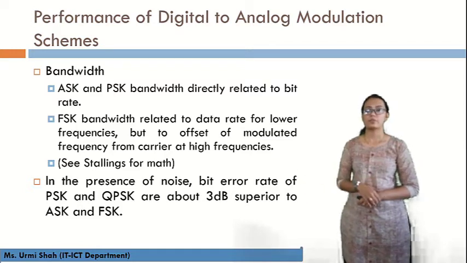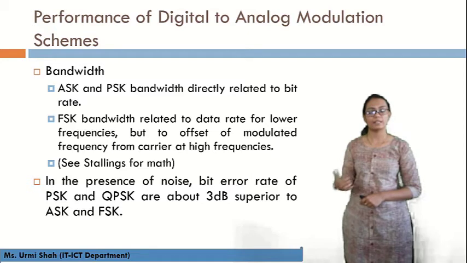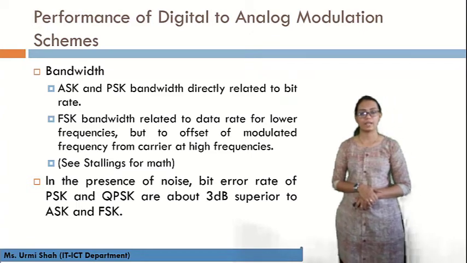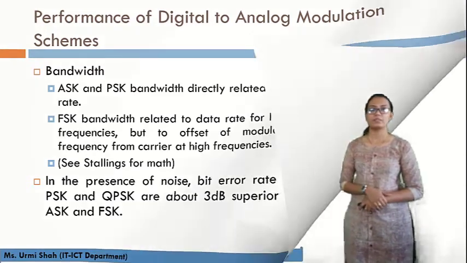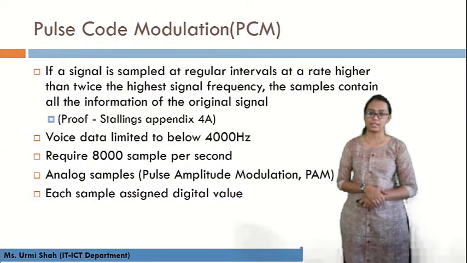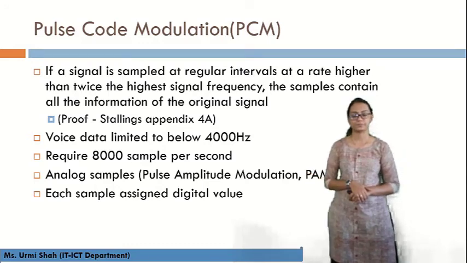In the presence of noise, the bit error rate of PSK and QPSK is about 3 decibels superior compared to ASK and FSK. So these are the bandwidth criteria for all three different kinds of techniques, that is ASK, FSK and PSK.